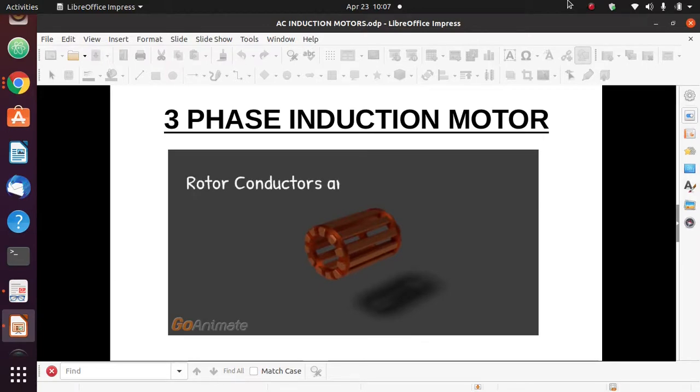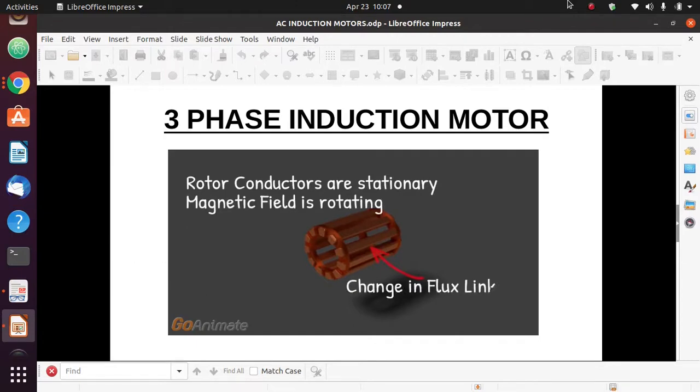As the rotor conductors are stationary and the sinusoidal stator field is rotating, there will be a change in flux linkage with the rotor conductor. As a result, there will be an induced current in the rotor conductors as per Faraday's law of electromagnetic induction.